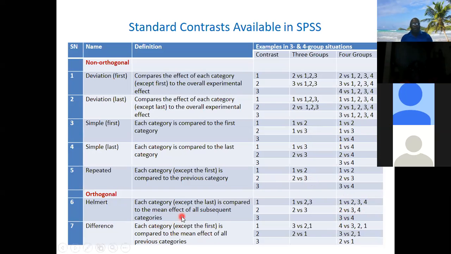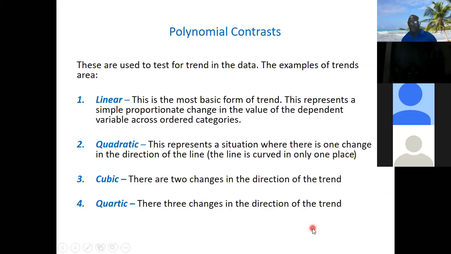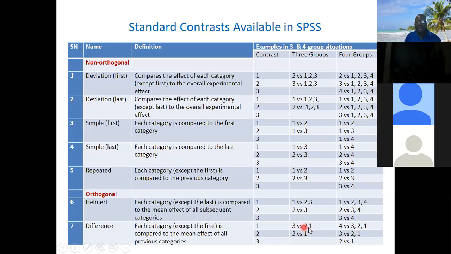Instead of starting from the first like that, you start from the last. Each category except the first is compared to the mean effect of the previous categories. Look at it. Compare group 3, you combine 2 and 1, then later you separate 2 and 1 and compare.